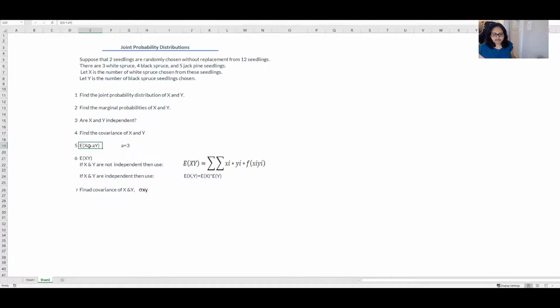And then if we have the constant 3, how can we find the expected values, and how can we find the expected value of X multiplied by Y? Depending on whether it's independent or dependent, we have to choose one of these equations. And how can we find the covariance of these two variables? I actually talked about it here, but I had it in number 7. That's fine.